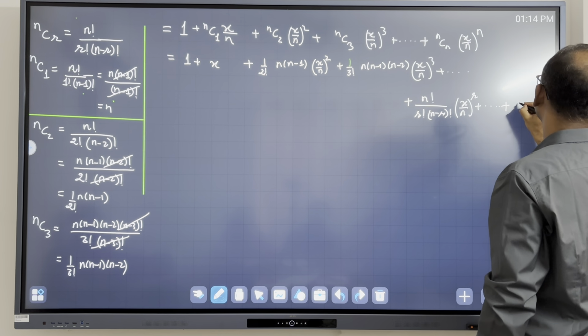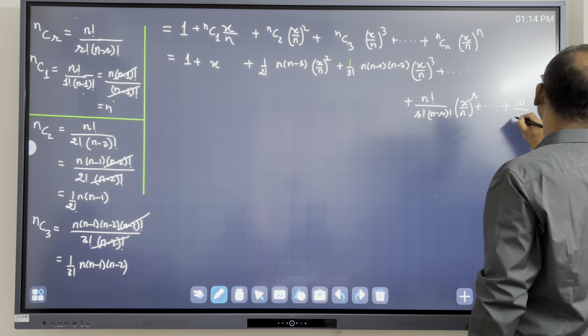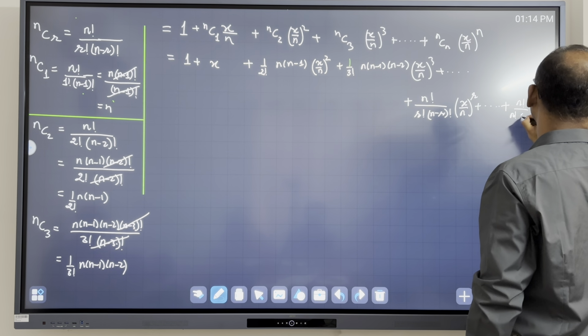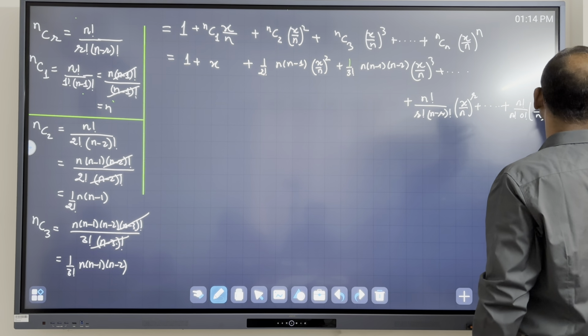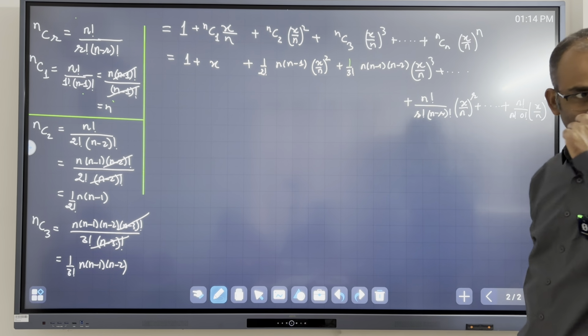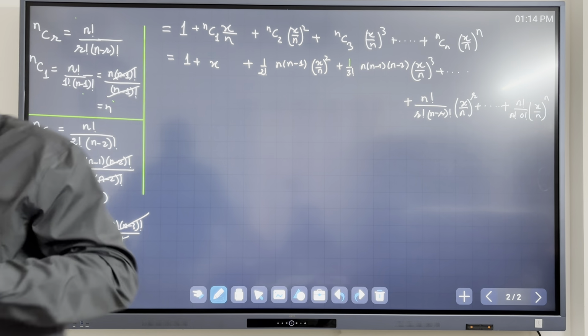So I will just leave it as n factorial over n factorial, and n minus n factorial is 0 factorial, times x over n power n. Okay? Is that fine?